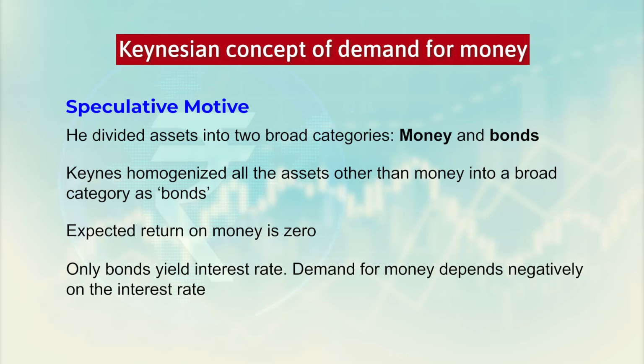Then expected return should be zero if and only if I have some negative return when I keep some money with me and I'm not investing it for any investment or productive purpose. So transaction demand is giving me some sort of negative benefit, whereas the speculative demand for money is giving me some sort of positive benefit. And as a whole, it boils down to zero.